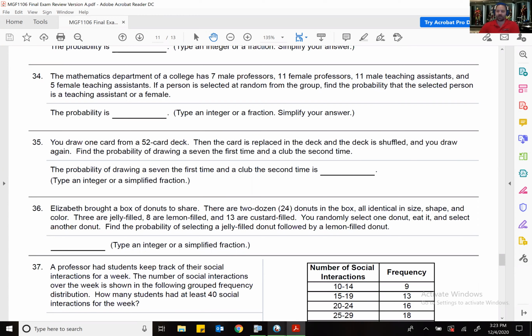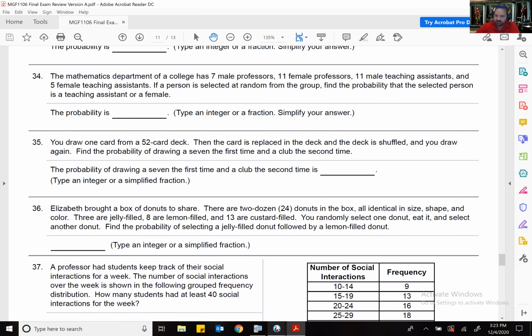So 34 says that the mathematics department of a college has 7 male professors, 11 female professors, 11 male teaching assistants, and 5 female teaching assistants. If a person is selected randomly from the group, find the probability that the selected person is a teaching assistant or female.